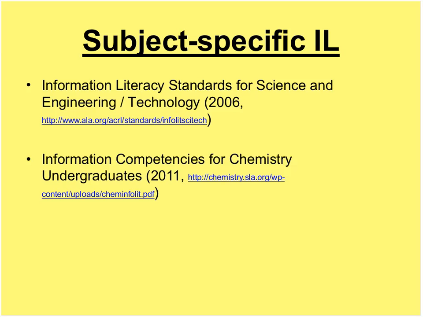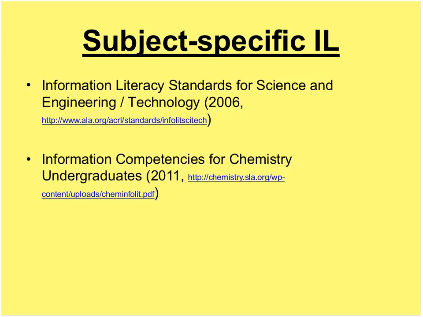Now, as many of you may know, the standards were adapted by different disciplines, one of which is the Science and Technologies section. And in 2006, we introduced the Information Literacy Standards for Science and Engineering or Technology. There's a link there.